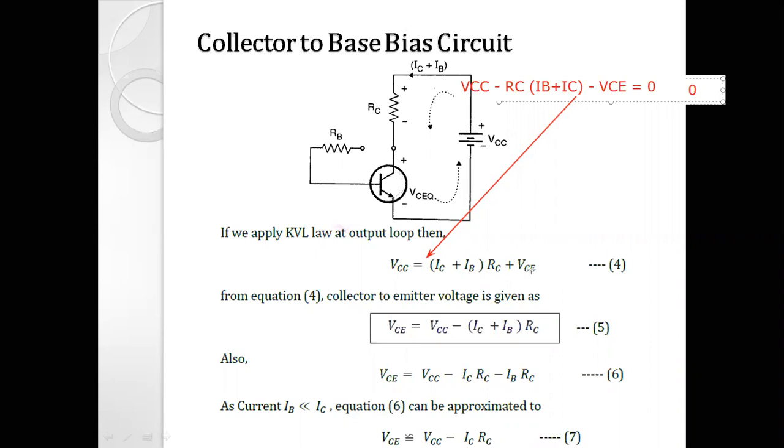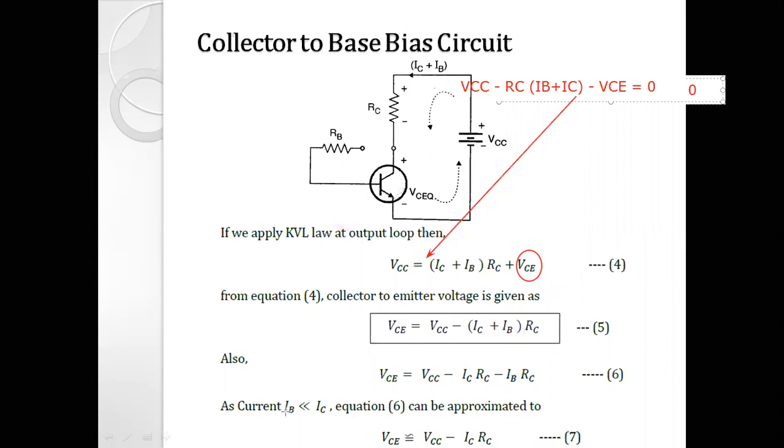And from this equation number 4, when we make VCE the subject of the equation, we get equation number 5, which is nothing but the other coordinate of the operating point. That is VCE is equal to VCC minus (IC plus IB) into RC, right?